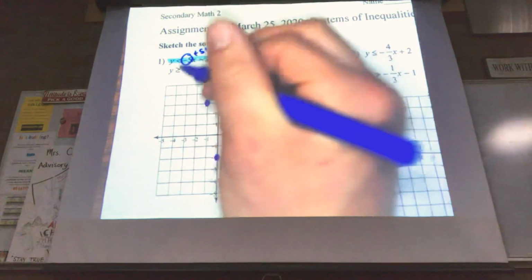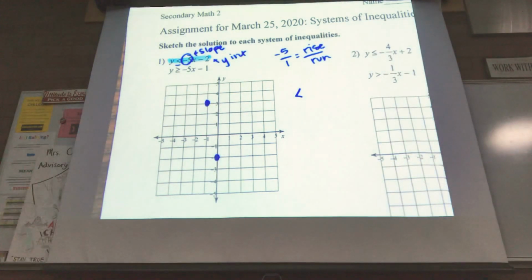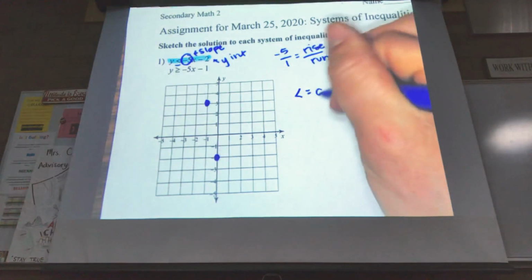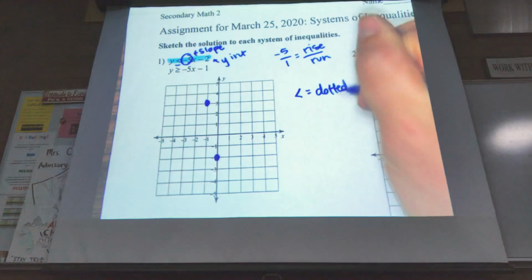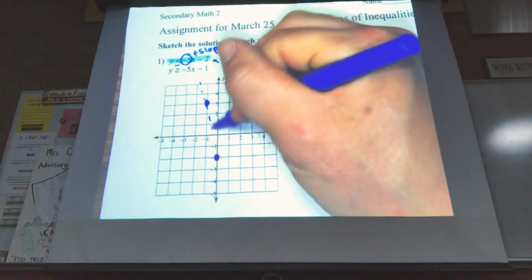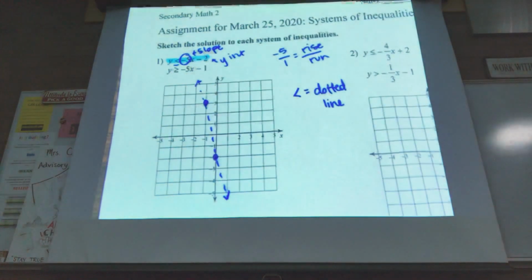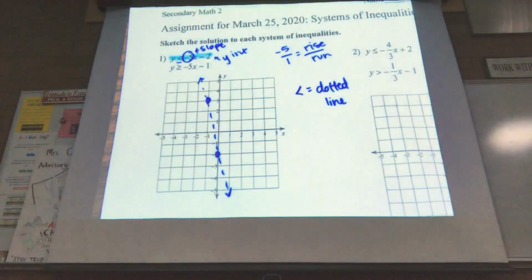I'm not going to connect these 2 points quite yet because now I need to actually look at the sign. This is just an open less than sign, so this is going to be a dotted line. I'm going to connect these 2 points with a dotted line. Perfect. We're still not quite done because now we need to decide where it is going to be shaded.